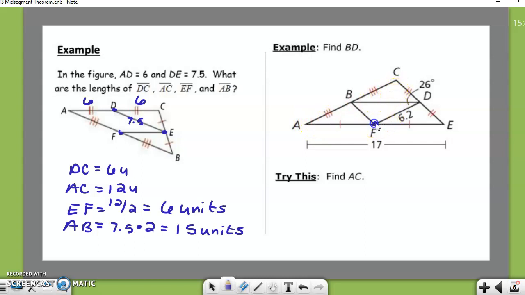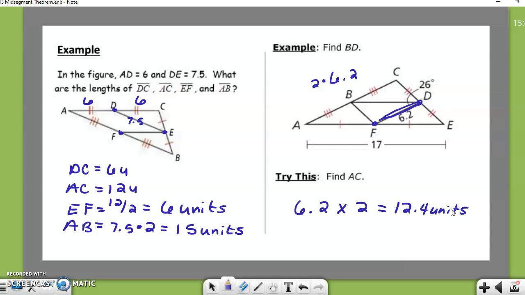This is a midpoint, and this is a midpoint, making this a mid-segment. This mid-segment is parallel to AC, the side it doesn't connect, so this is going to be 2 times my 6.2 to find AC. So I'm going to have 6.2 times 2, and that's going to be 12.4.